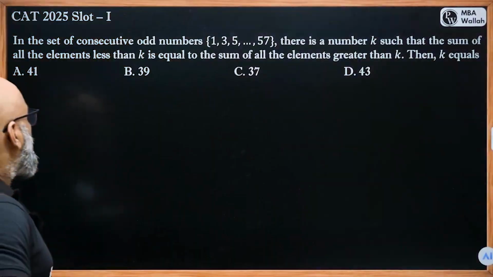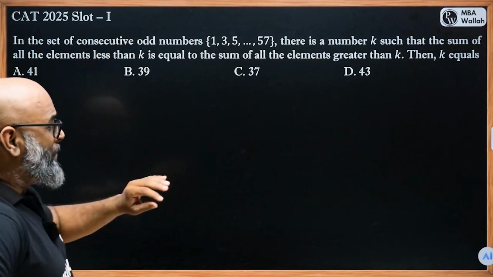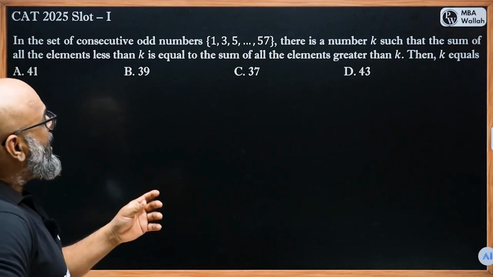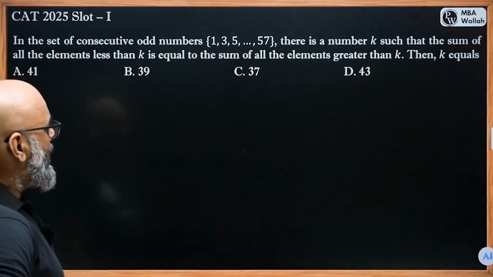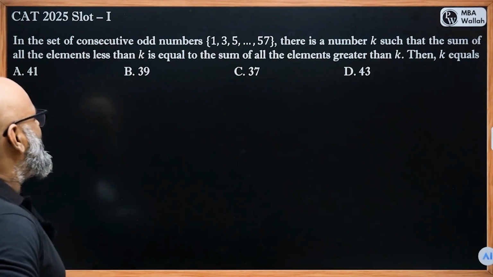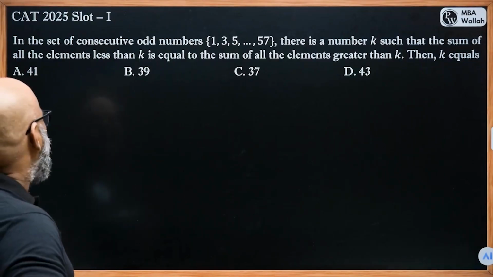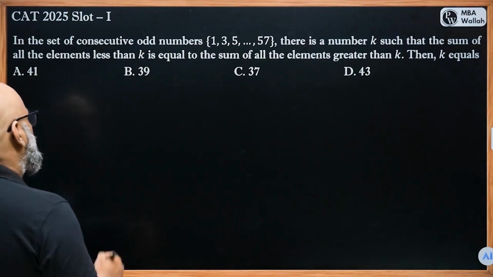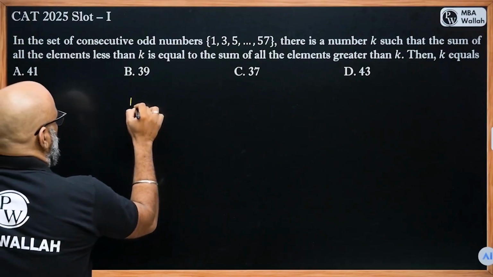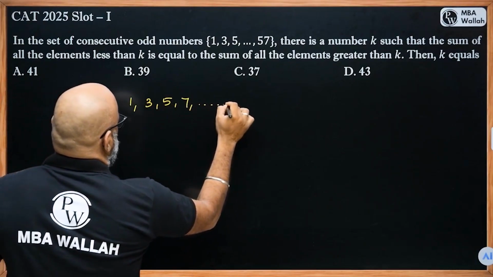The set of consecutive odd numbers 1, 3, 5, 7, till 57. There is a number k such that the sum of all elements less than k is equal to the sum of all the elements greater than k. Then k equals what? Next question, we're looking at 1, 3, 5, 7.